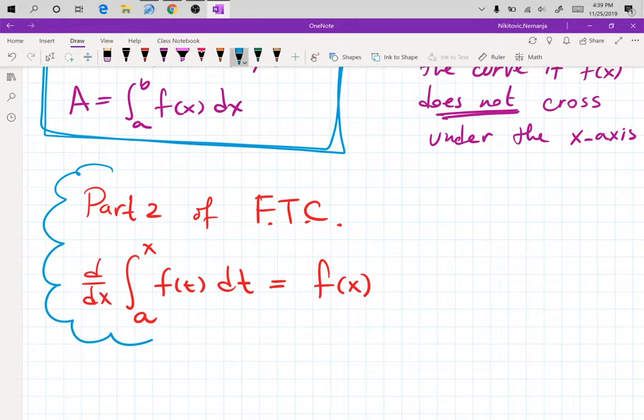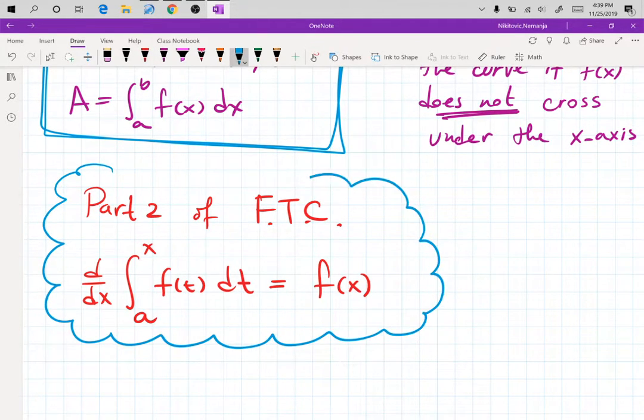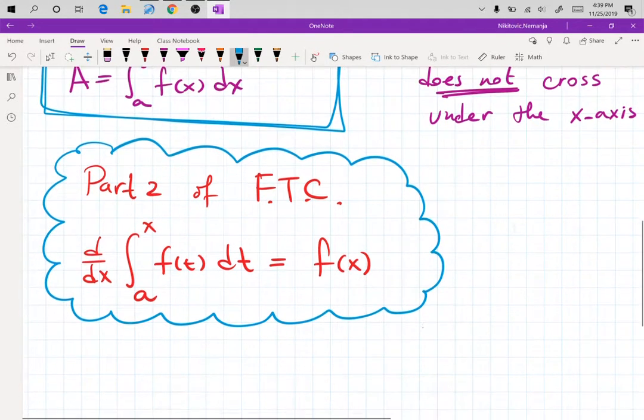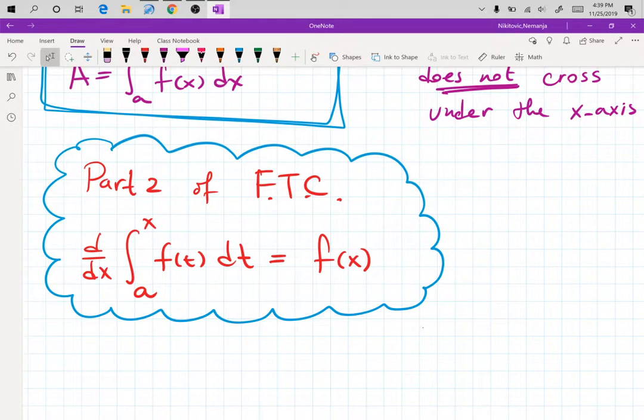Now this is the big part of the theorem. That's the fundamental theorem of calculus part 2, and this is the core of all of calculus. This will be upgraded later on, eventually in Calc 3 we'll call something the fundamental theorem of line integrals, but that's Calc 3.